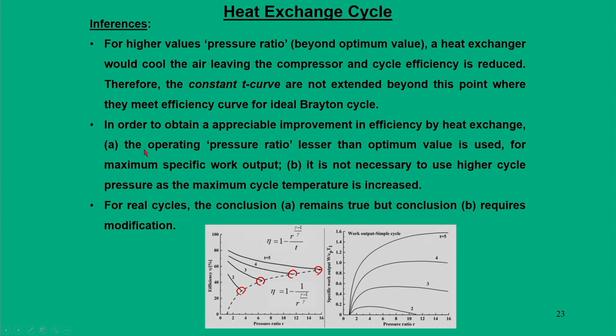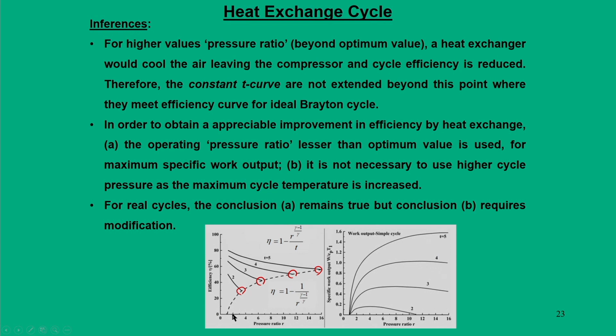One is that an operating pressure ratio lesser than the optimum value is used for maximum specific work output. The other option is that it is not always necessary to use higher cycle pressures. One way to increase the efficiency is to go for either a higher temperature ratio or a higher pressure ratio.